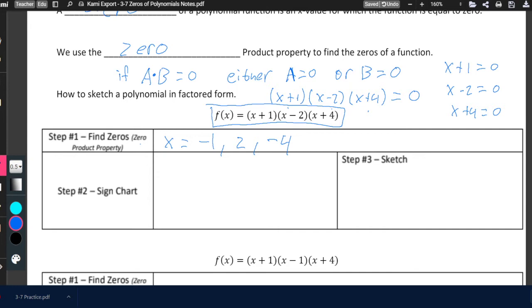How we make a sign chart is we put our zeros down, or our factors. So we'll have x plus 1, x minus 2, x plus 4, and then one that I'm going to shorthand label called product.